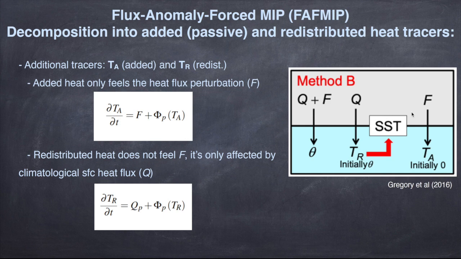And importantly, the redistributed heat provides the surface temperature for the calculations of these air-sea fluxes. So this redistributed heat tracer also includes the redistribution feedback. So when you integrate it globally, the redistributed heat is not zero because it also includes the feedback that it has in the surface heat fluxes.